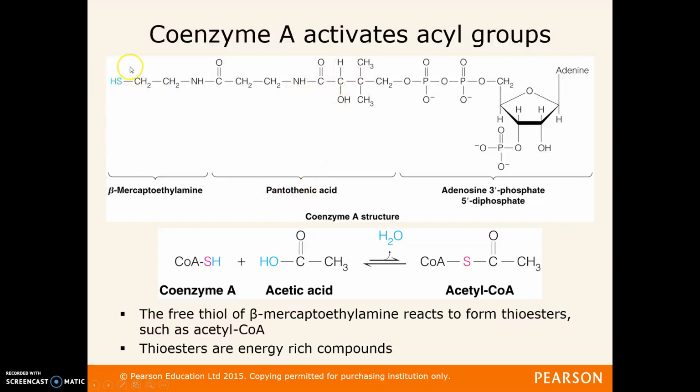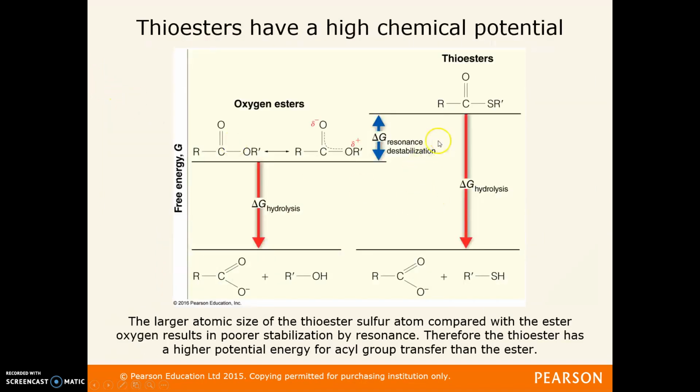So the reason why this thing that we call thiol ester is so powerful is if you think about a general oxygen ester, where we have a carbonyl carbon attached to an oxygen. That double bond on the carbonyl, those electrons aren't always there, so there is a resonance structure where the double bond is sometimes over here, right? And so it gets this kind of fusion compound.